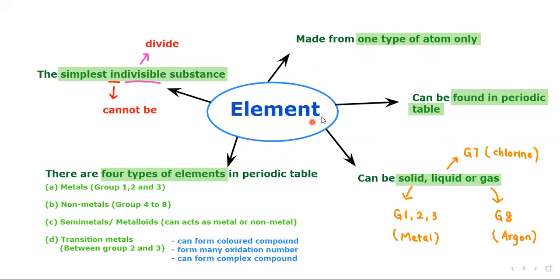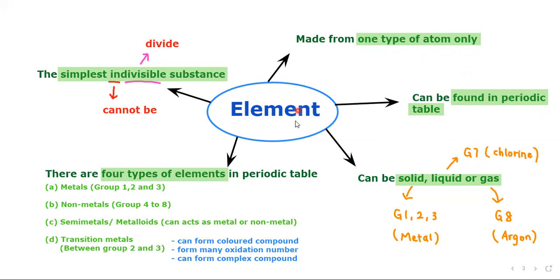That's why, by definition, an element is made from only one type of atom. All the key points have been highlighted. Based on the periodic table, anything inside the periodic table we can call an element. Elements can be found in the periodic table.